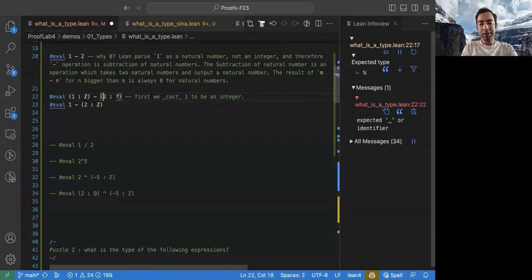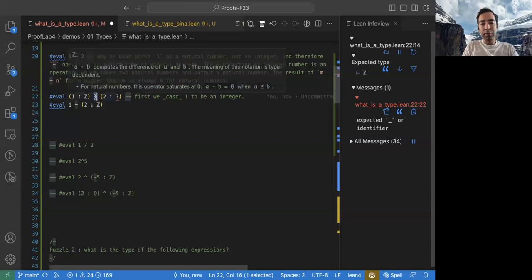So I'm now just trying to tell you what's going on inside the mind of Lean, right? You will not see these things. These are called elaborations, and they happen behind the scenes. Now it wants to understand the type of this minus.